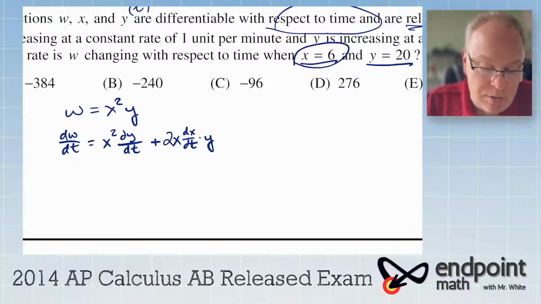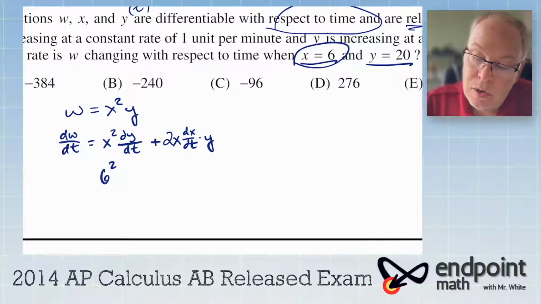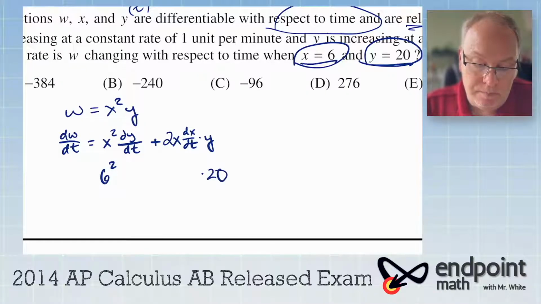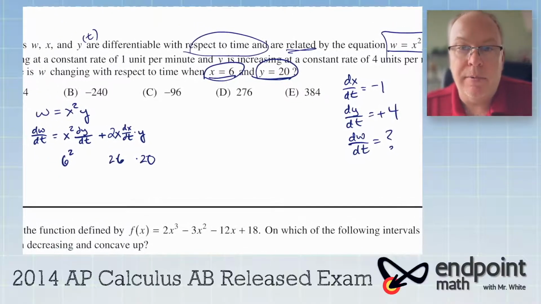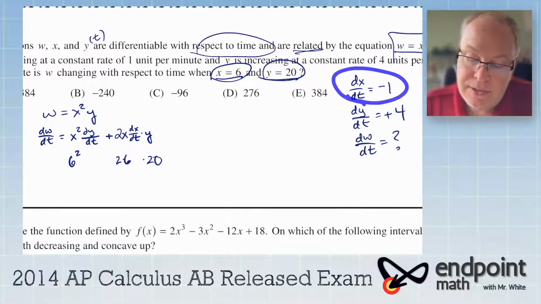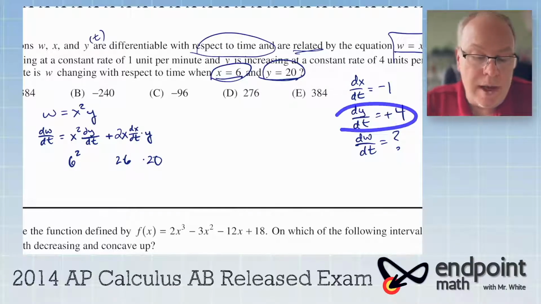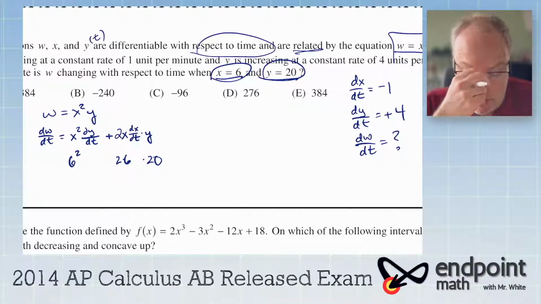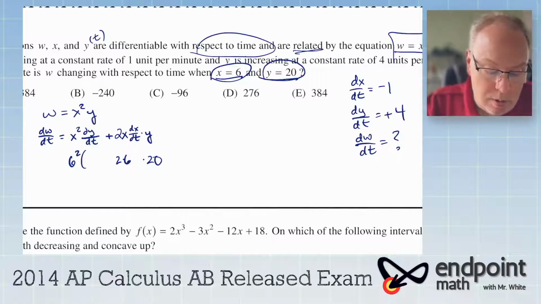We have x equals 6, so this would be 6 squared. We have y equals 20. This would be a 20 over here. 2 times 6. And then off to the right here, let me bring it back to the screen for you. We have that dx/dt is -1 and dy/dt is 4. We wrote that down a moment ago. So we put the 4 here.